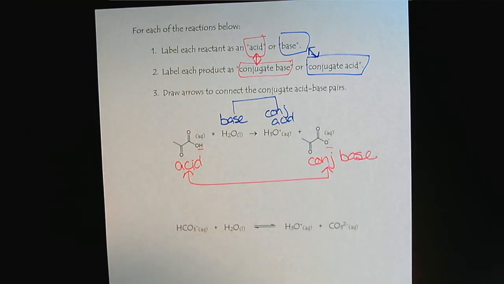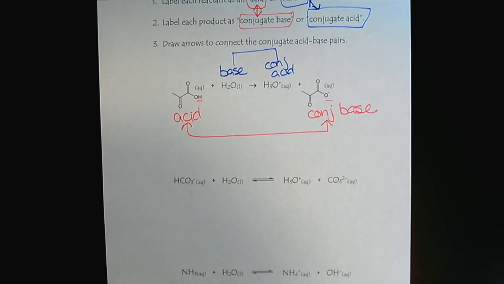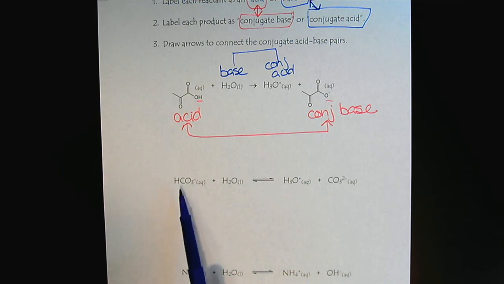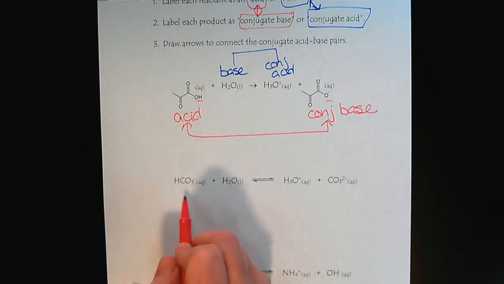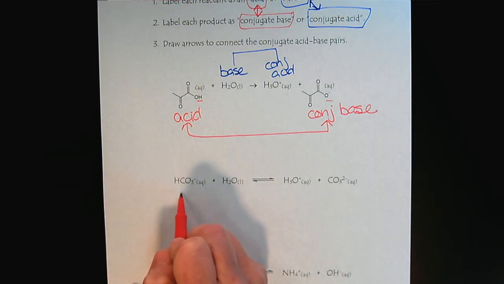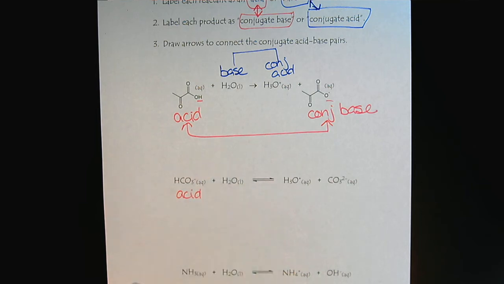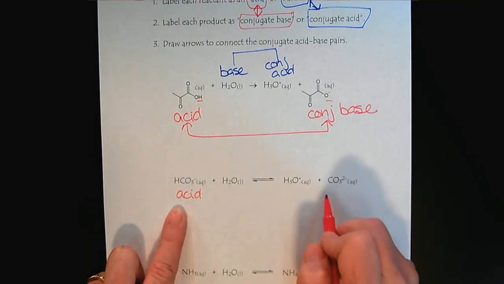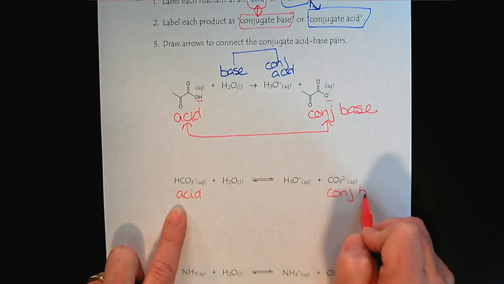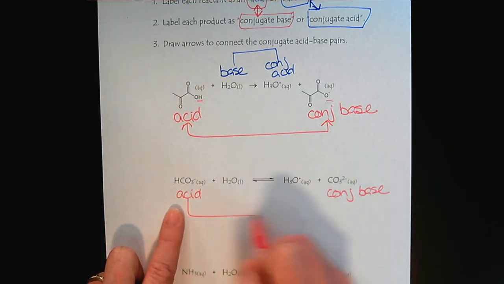All right, next example. Look at the reactants and the products to look for change. Here we see the bicarbonate ion has lost a proton to become carbonate. As the proton donor, we call it the acid, and since these differ by one proton, this would be our conjugate base.